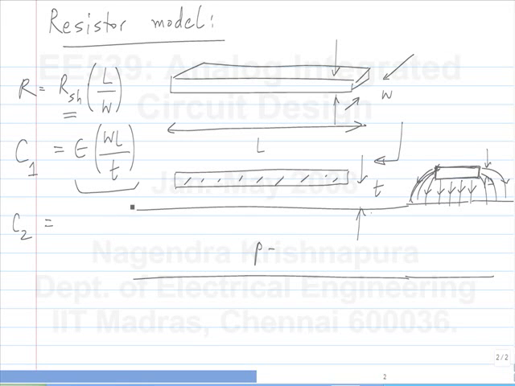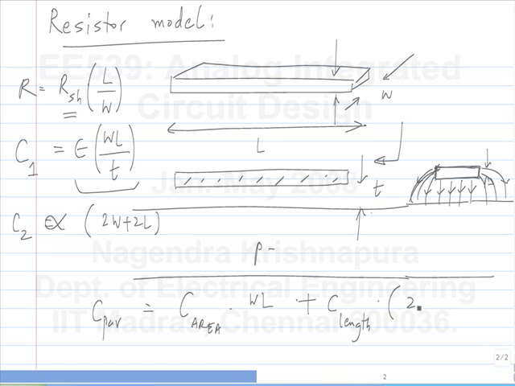So C2 is related to the perimeter of the resistor, okay? So the total capacitance is given by some capacitance per unit area times the area of the resistor, plus some capacitance per unit length, I will call it C length here, times the perimeter of the resistor, okay.